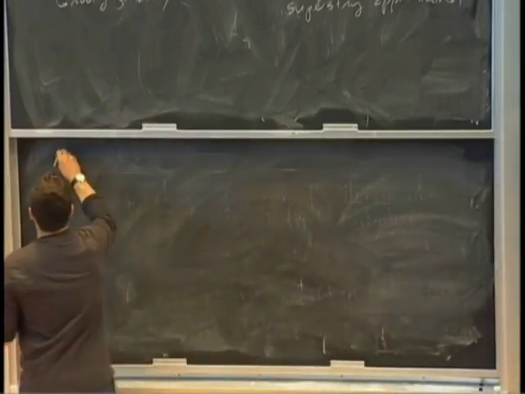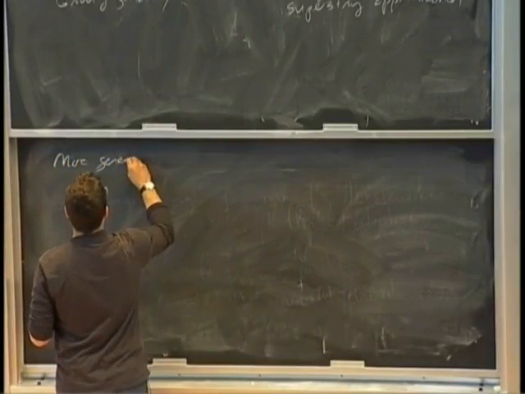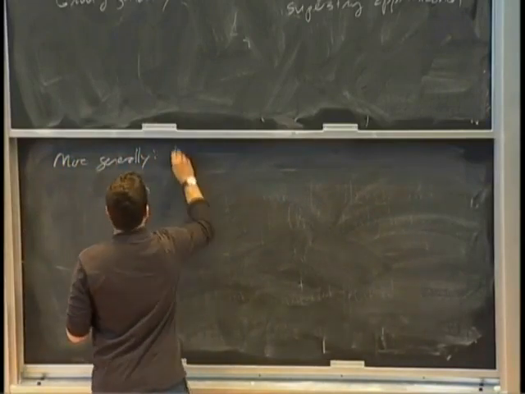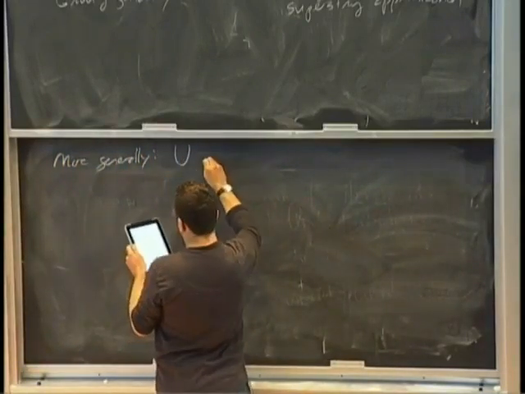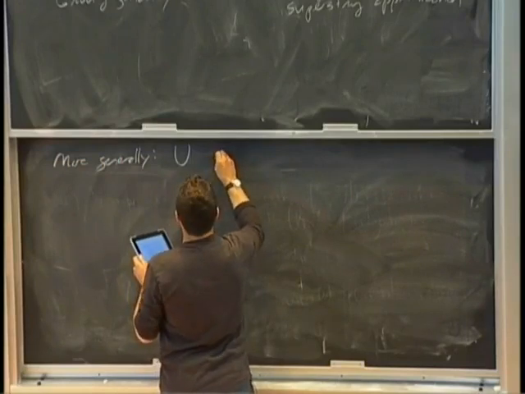Okay, so more generally, let U be my favorite kind of algebraic, well, actually, I'm just going to say U an affine curve.